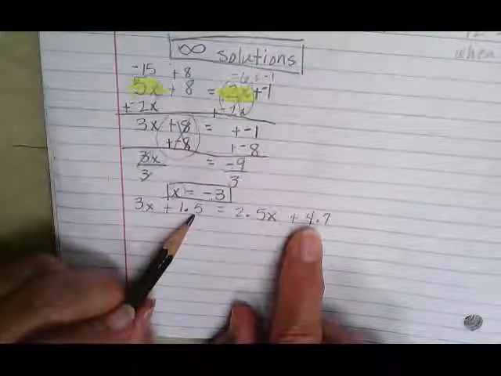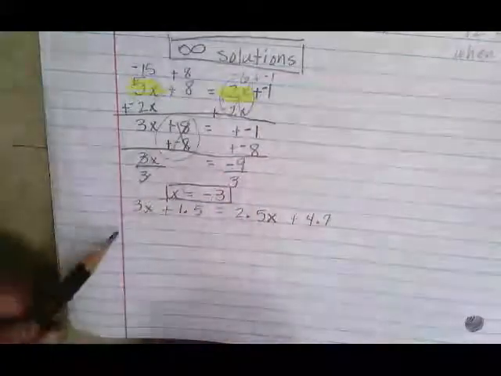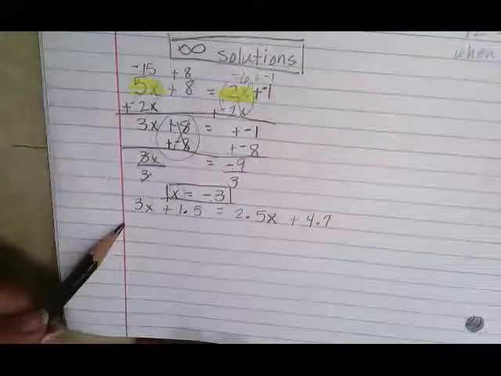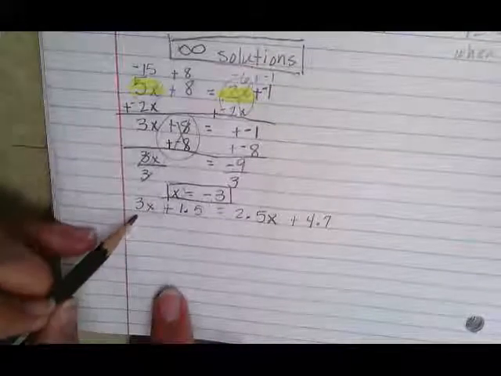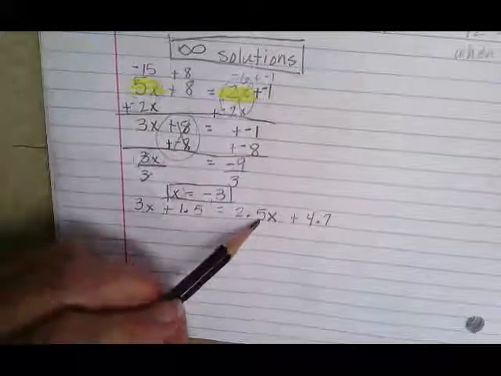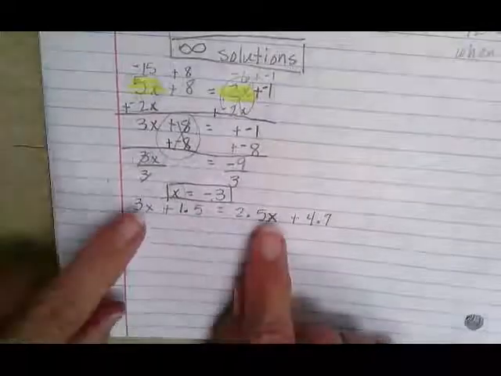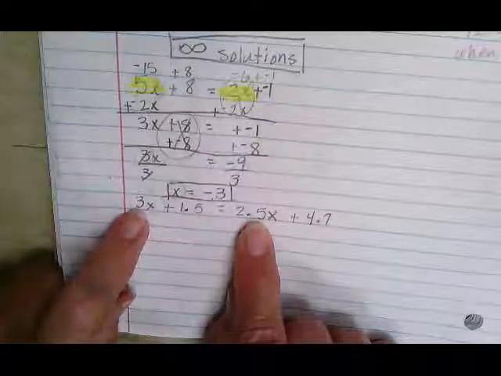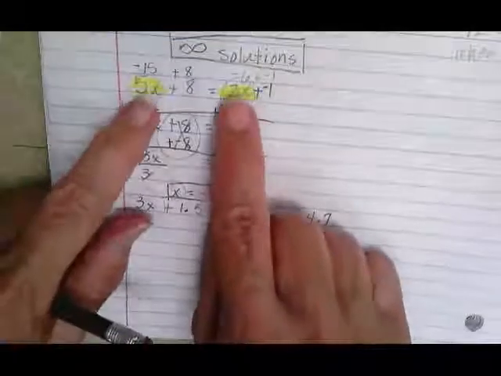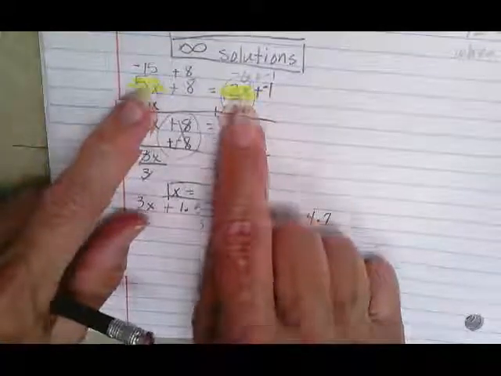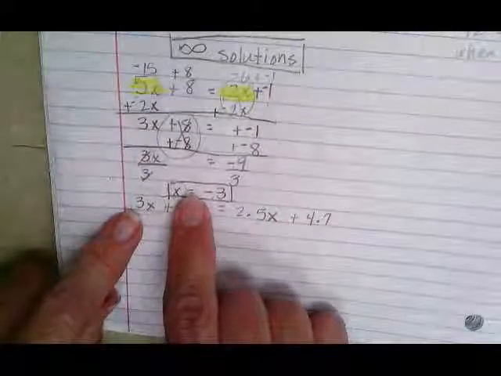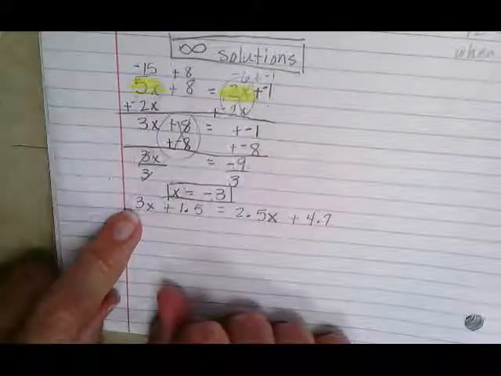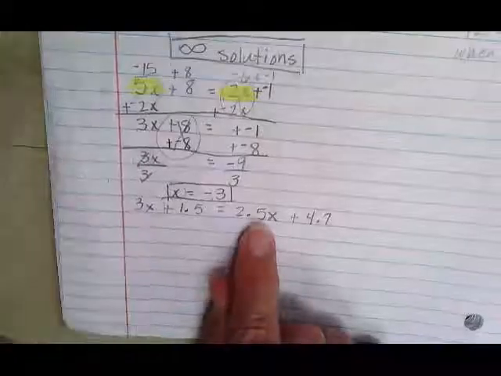So I want to try and get my numbers all to one side and my x's all to one side. And I can see that I have more x's on the left than I do on the right. I also notice that I don't have the same number of x's. So when I don't have the same number of x's, I'm probably going to have one solution. I'm probably going to be able to figure out what x is in this problem.